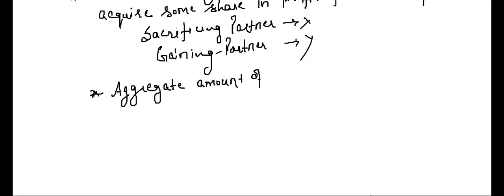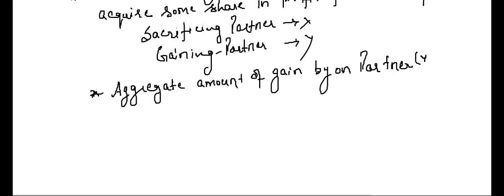So you can write down: aggregate amount of gain by one partner. Who is that gaining partner in our case? Y. Right?